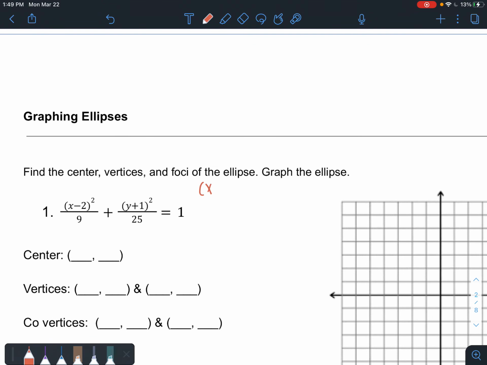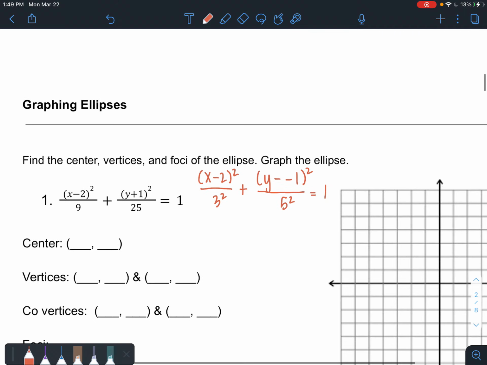So this is (x minus 2) squared over 3 squared plus (y minus negative 1) squared over 5 squared equals 1. I'm writing this because that's going to get me to my a and b, because this is going to be my b squared and this is going to be my a squared. And this one's a squared because 5 is bigger than 3.